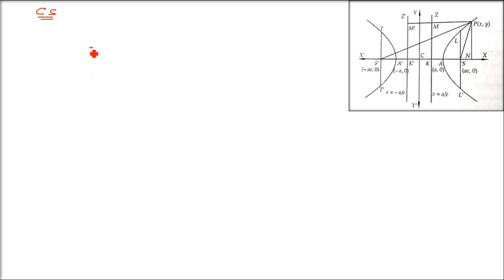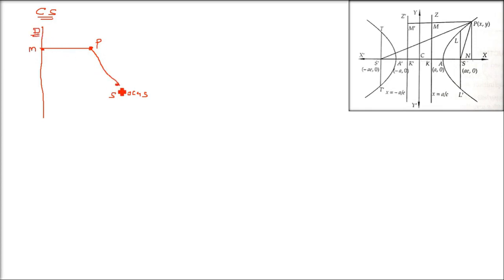That is, the locus of a point moving such that its distance from a fixed point, which is the focus, let us name it S, and its distance from a fixed line, which we call the directrix, are in a constant ratio.